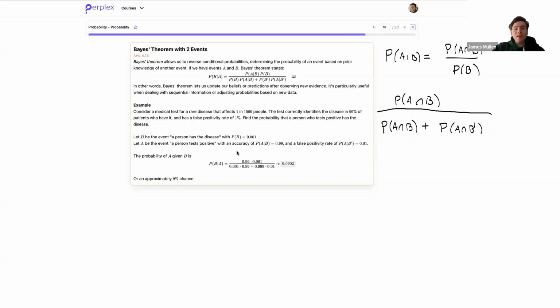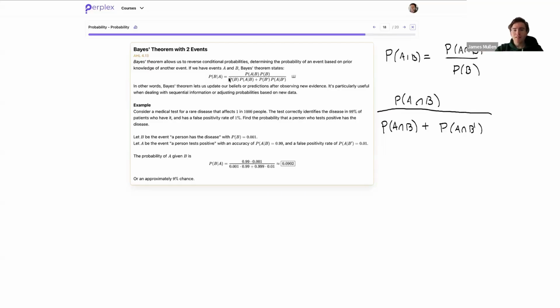I'm dividing the probability of having the disease and testing positive by the total probability of testing positive, which is the probability of testing positive and having it, plus the probability of testing positive and not having the disease, which is why I have this sum down here. I think that probably helps explain it.